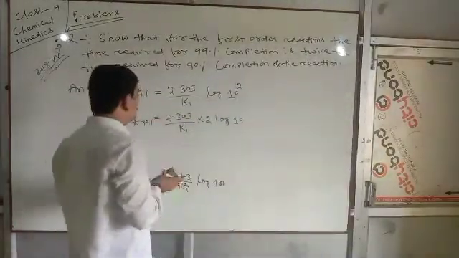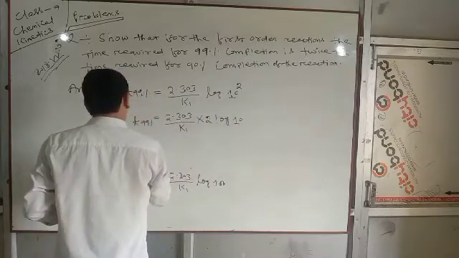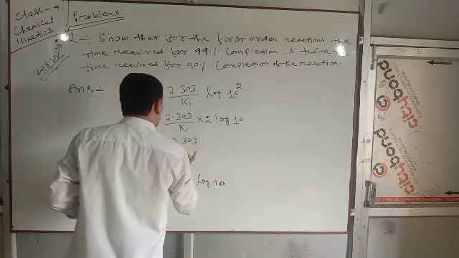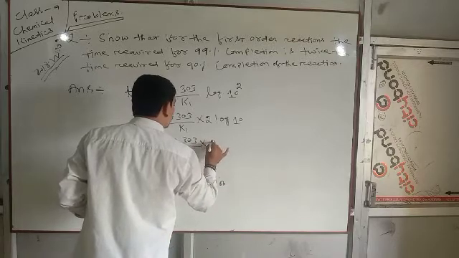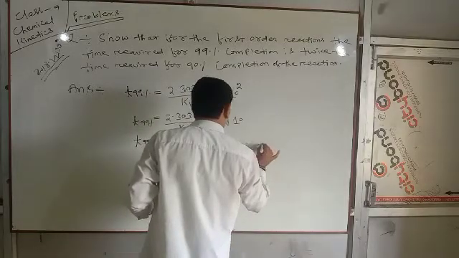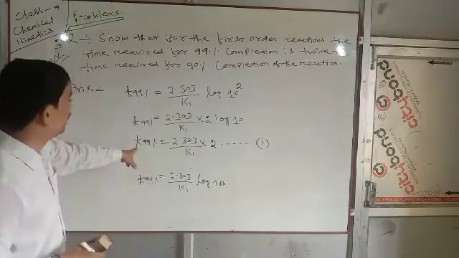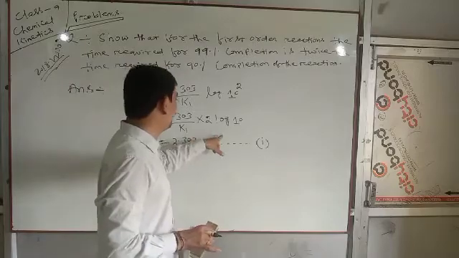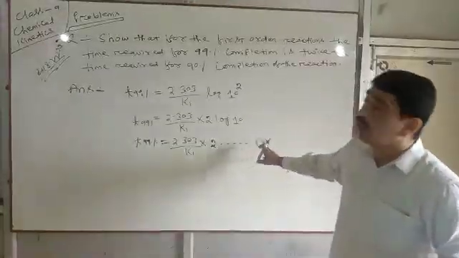Log 10 value is 1. So t 99% equals 2.303 by k1 into 2, that is equation 1. So we get t 99% equals 2.303 into 2 by k1.